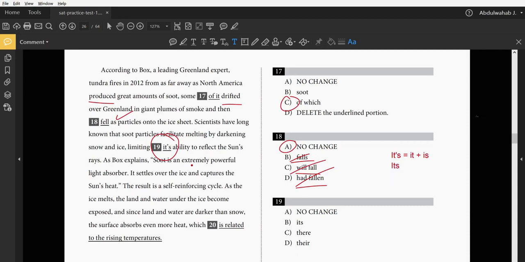So, here again, we are referring to the snow. Scientists have long known that soot particles facilitate melting by darkening snow and ice. So we have two things. "Limiting its ability to reflect the sun's rays." So it is referring to two things, not one, and we use "it" for the singular.